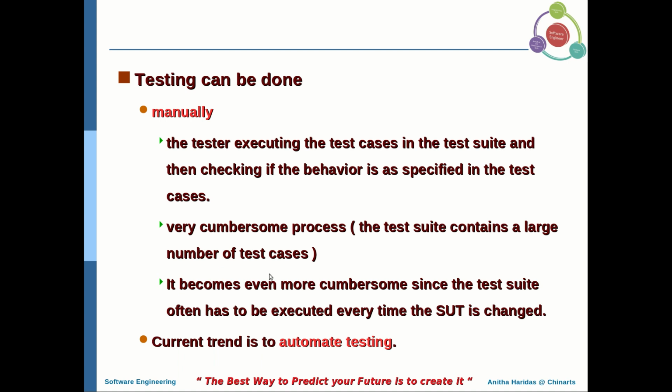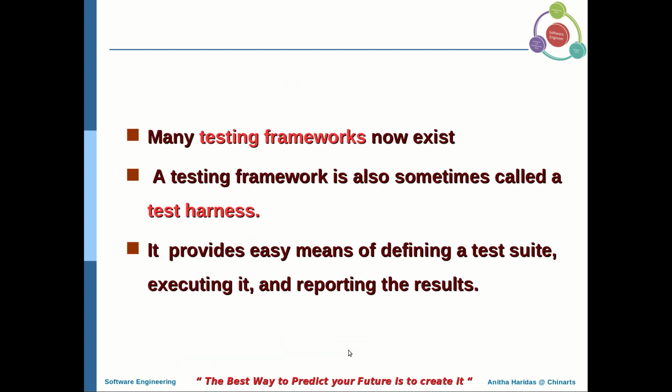It becomes even more cumbersome since the test suite often has to be executed every time the software and the test are changed. So manual testing is not a recommended process, and the current trend is to go for automated testing. You have lots of testing frameworks now, sometimes called a test harness, which provides an easy means of defining a test suite, executing it, and reporting the results.